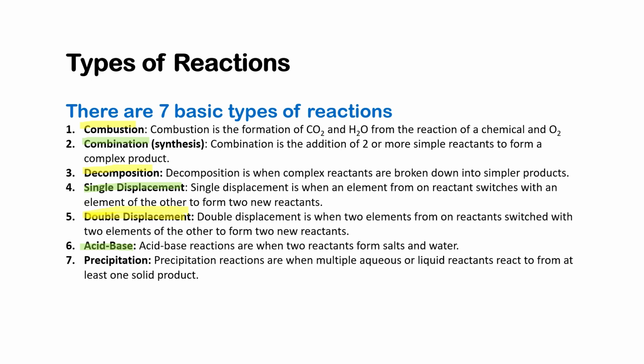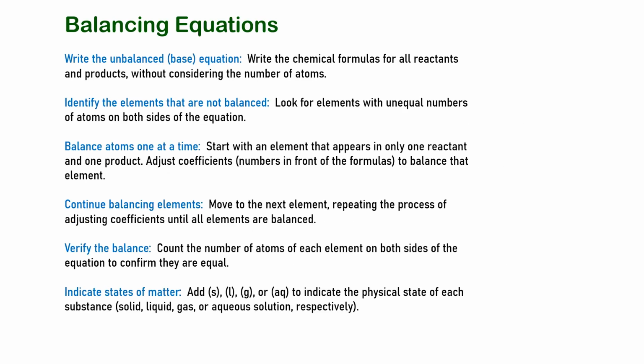So now, our last one, precipitation. Precipitation reactions are when multiple aqueous or liquid reactants react to form at least one solid product. There can be multiple solid products, but the minimum is one. And now moving on to balance.